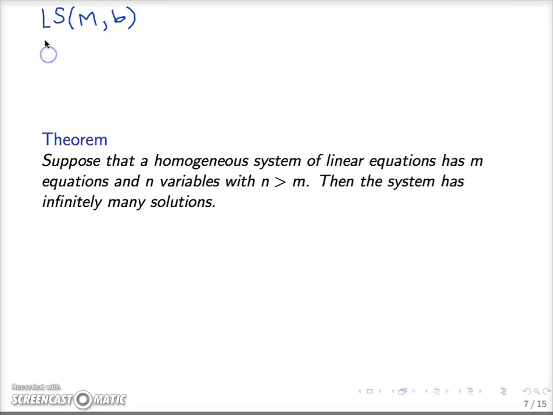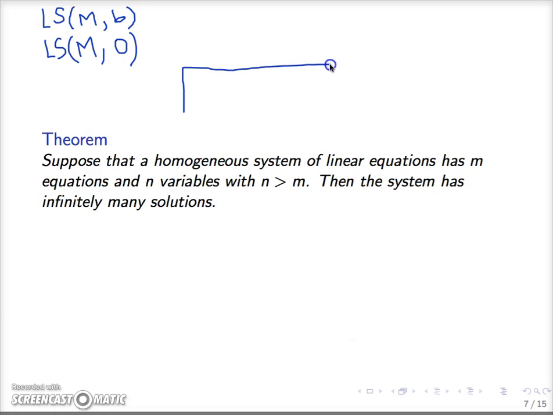More precisely, what we're calling a homogeneous system is a system that has some matrix, and this vector of constants is a vector of zeros. We're always using the little n notation to denote the number of variables, and the little m denotes the number of equations.